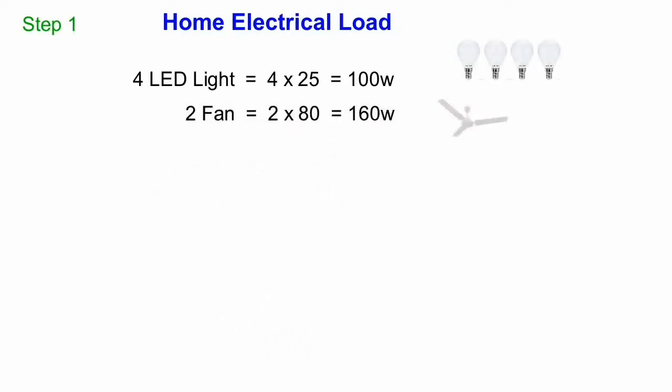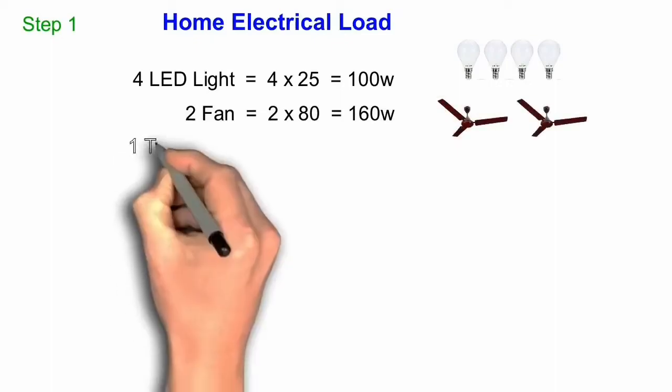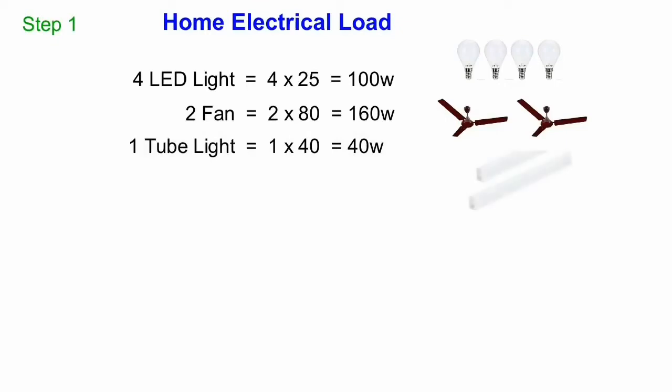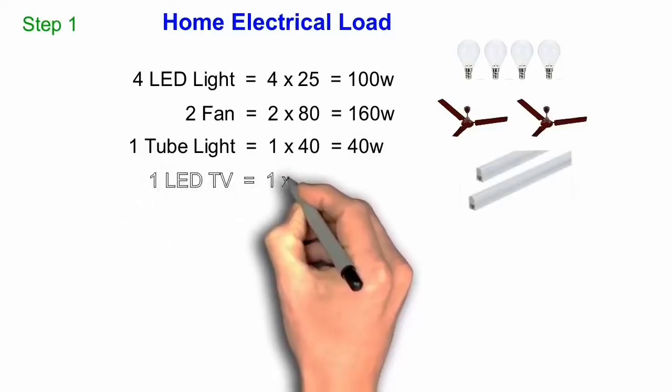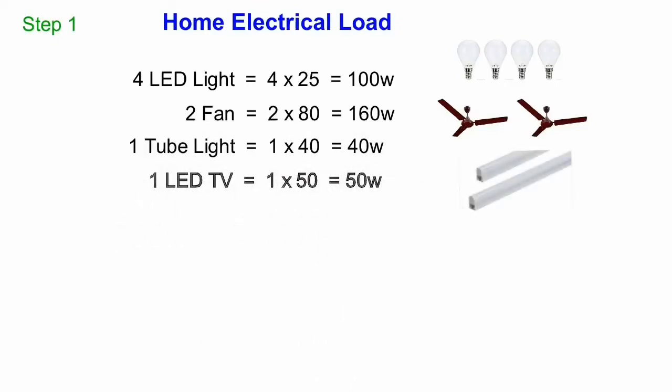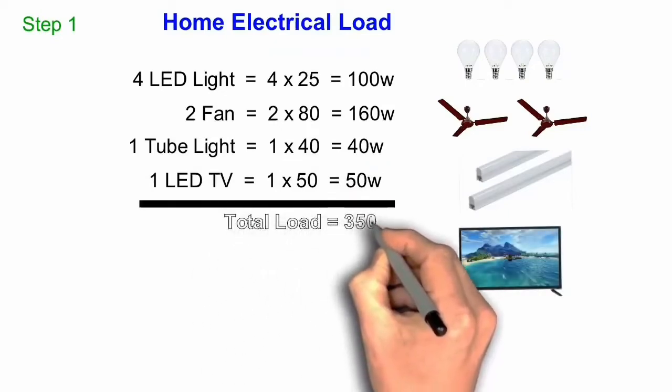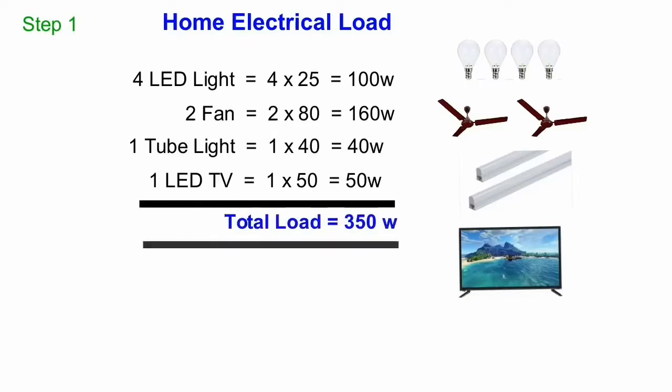Say for example, here I'm saying you have 4 LED lights, two fans you want to power on, one tube light you might likely want to power on, and one LED TV. So in all, having taken all of that, you take the total amount of load, which in this case is 350 watt.